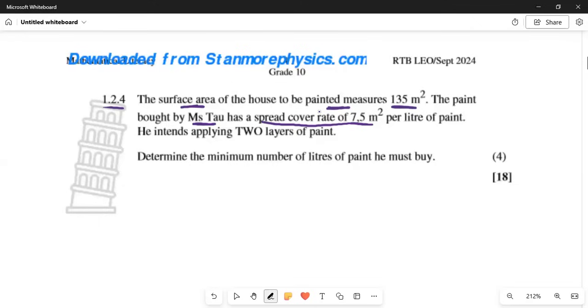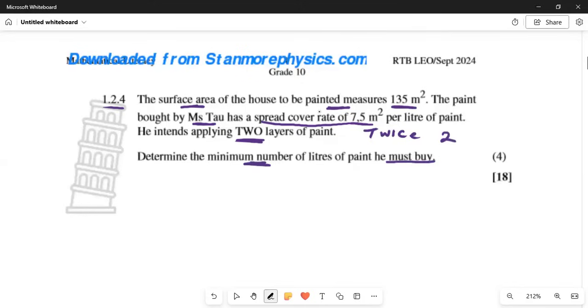He intends applying 2 layers of paint, so it will be twice. The question says, determine the minimum number of liters of paint he must buy if he is doing this twice.